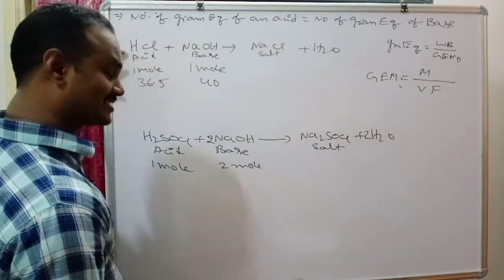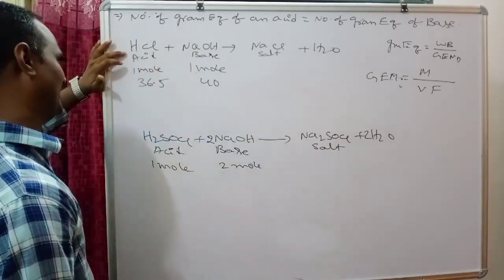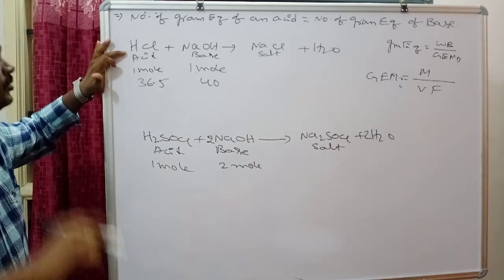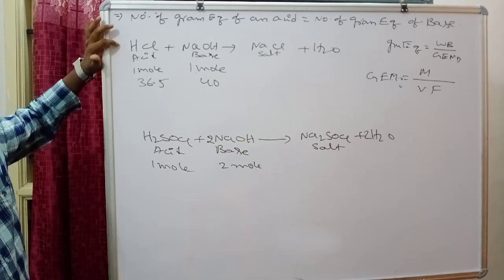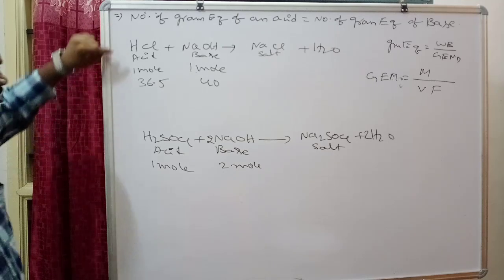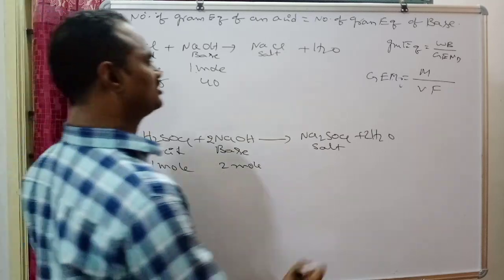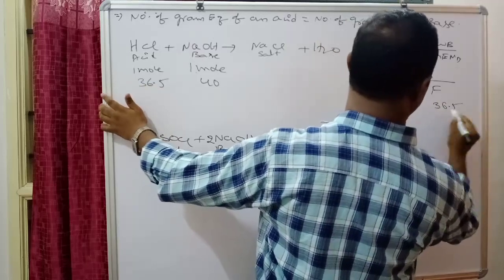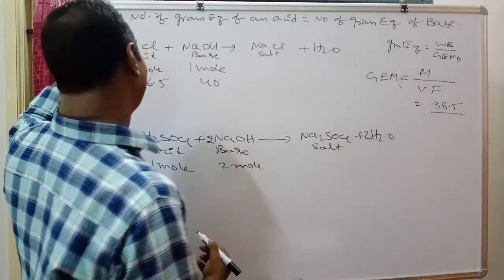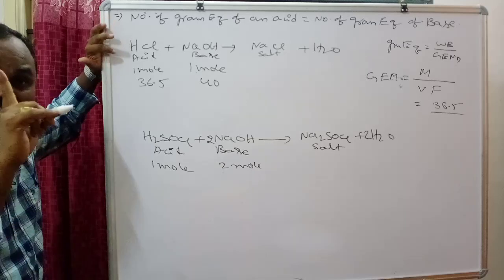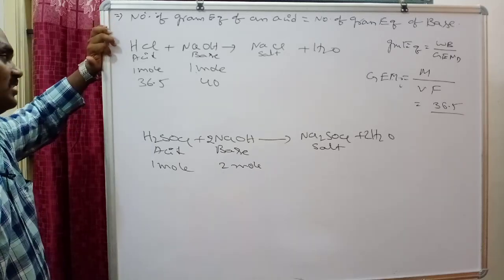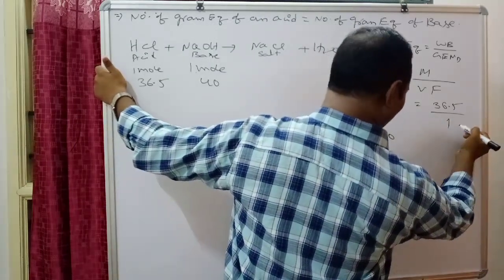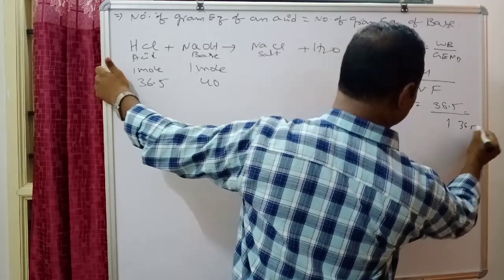Valency factor for an acid is its basicity. Basicity means the number of H plus ions released by one mole or one molecule of acid. In this case, to calculate the gram equivalent mass of HCl, the molar mass is 36.5, and the basicity of HCl is 1, as it can release only one H plus, so its valency factor is 1. 36.5 by 1 equals 36.5.